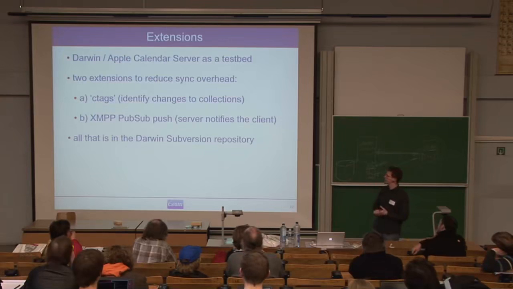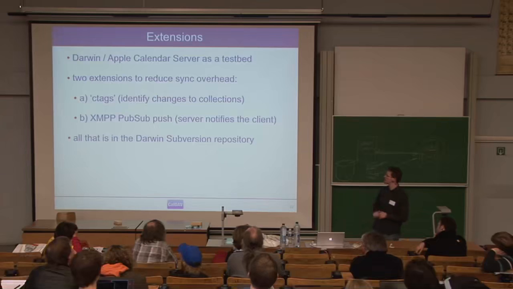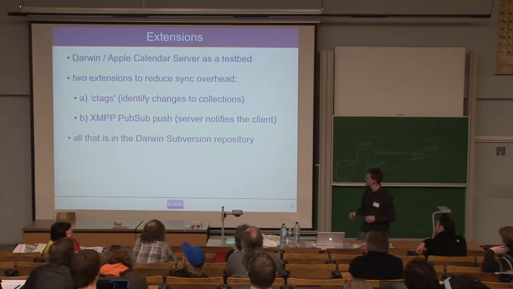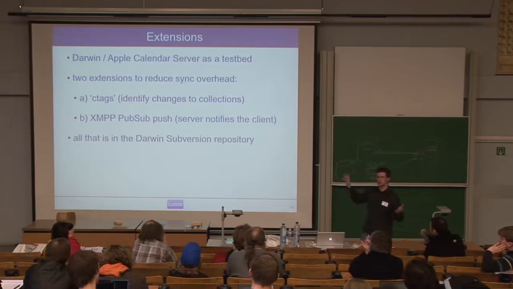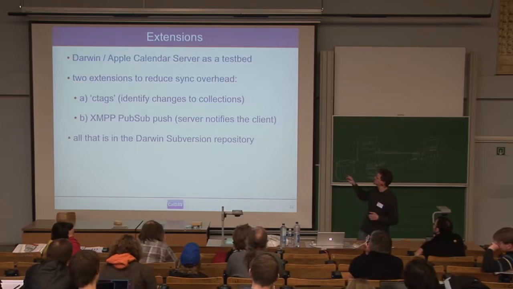And that's all. Everything is standards-based, it's XMPP. And if it isn't available, the client can just fall back to CTags and to the regular PROPFIND. It's really not bloating the code, actually. Well, and all the extensions, you can actually look at that. It's written in Python. It's okay to read and available from Apple.